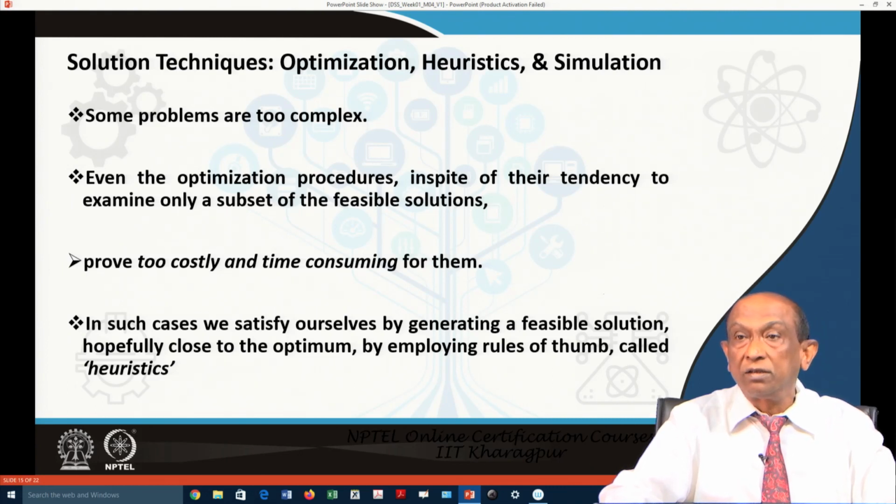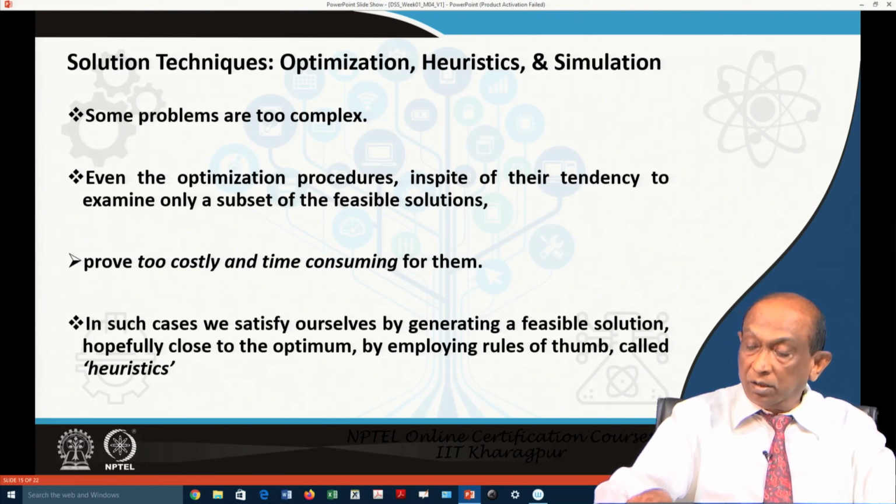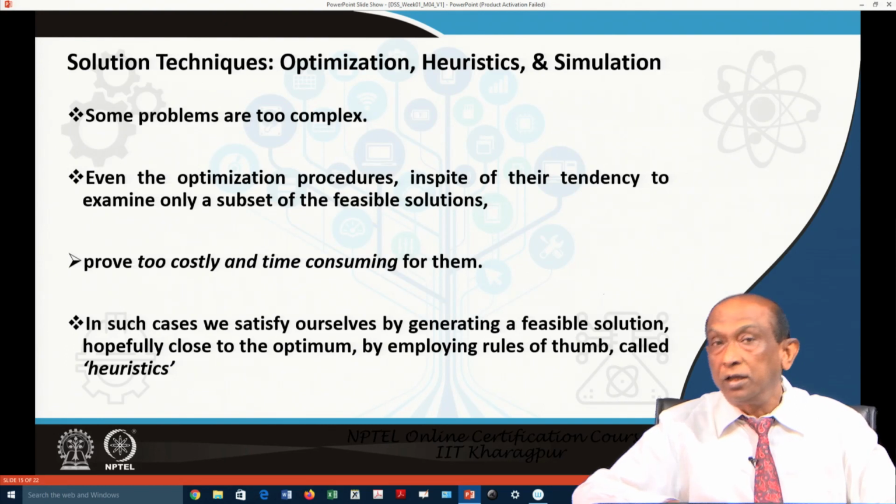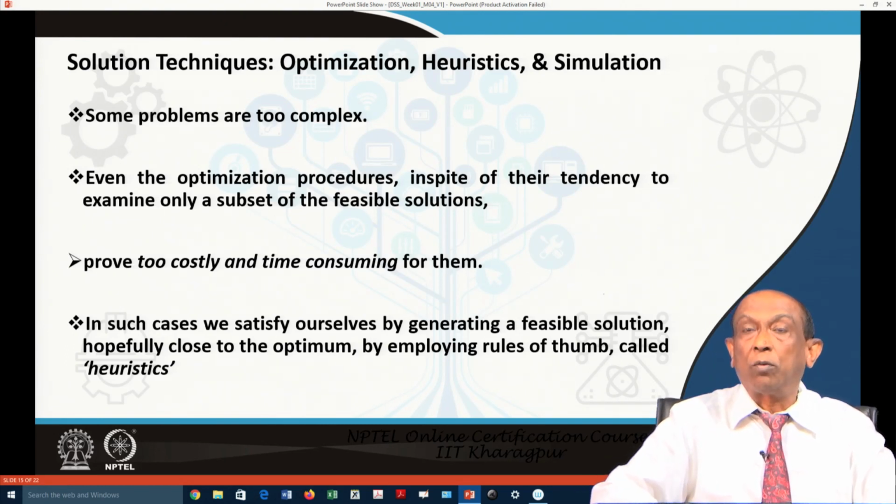So, in industries, managers are more happy to use this kind of heuristics, that is, they employ certain rules of thumb to generate a feasible solution which is an effective solution, and hopefully that solution may be very close to an optimal solution.